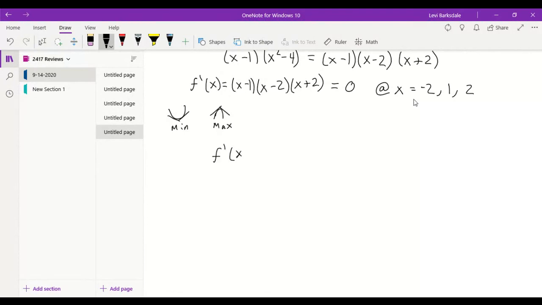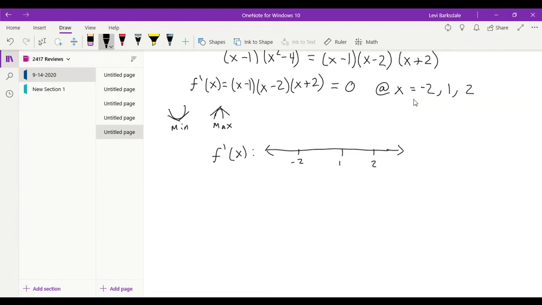The way I like to see where our function changes is to just draw a little number line and put down the points negative 2, positive 1, and 2. It doesn't have to be super exact. We just want to make sure we get all of our 0 points on here. And then all I say is, well, is f prime of x positive or negative for a number that's less than negative 2?